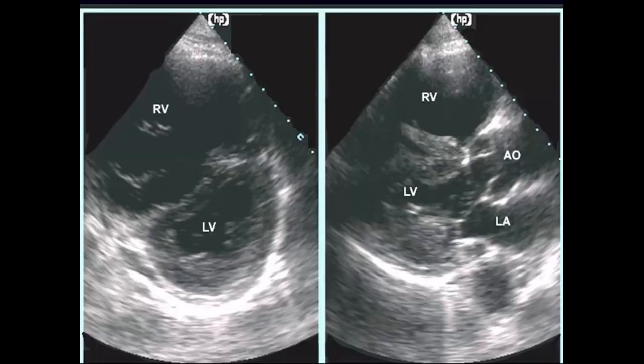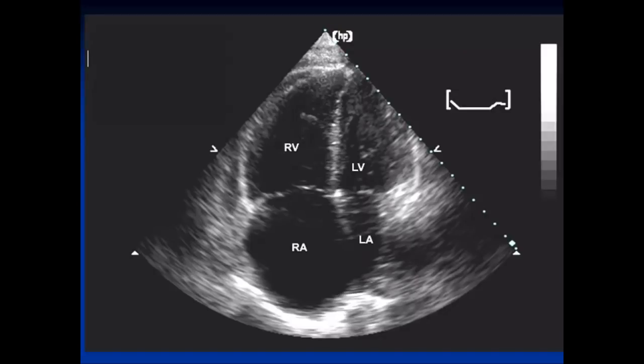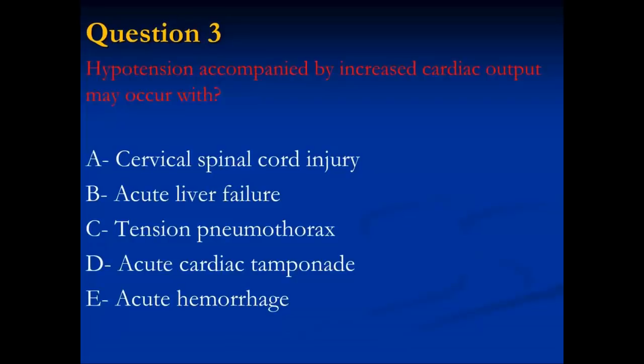So that's basically when you do your bedside echo. Another apical 4 chamber. You can see how big the right side is versus the left side. Again, signs of right ventricular enlargement. We're going to go to the next question.